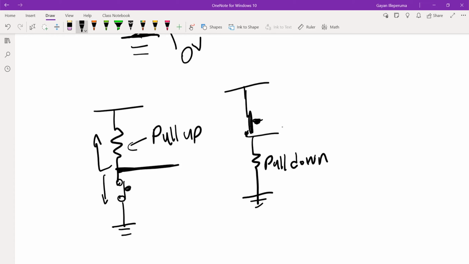You can usually use something like 10 kilo ohm or 1 mega ohm to do these things, 10K or 100K or whatever. The value is not very crucial, but don't use things like 100 ohm, 200 ohm. Use something in the 10 kilo ohm range, and don't use things like 10 mega ohm, that will be too much. Anything around 10K, 100K, 1 mega ohm will work.